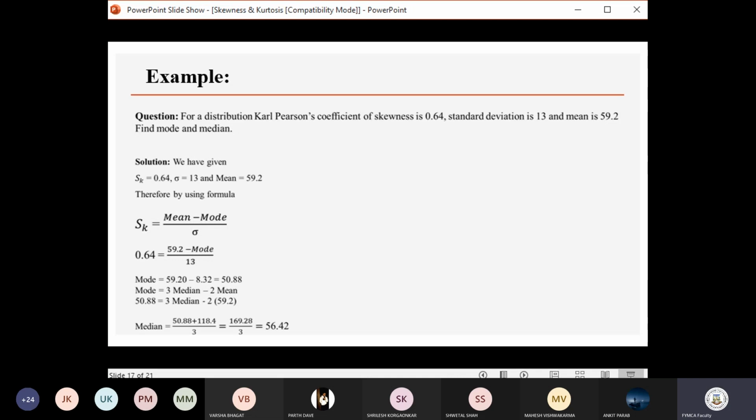In this, the Karl-Pearson coefficient is given, SD is given, and mean is given. Mode is required. So you can calculate mode by the SKP formula, and then use the empirical formula, and with the empirical formula, you can use mean and mode and find out the median. Is it understood?